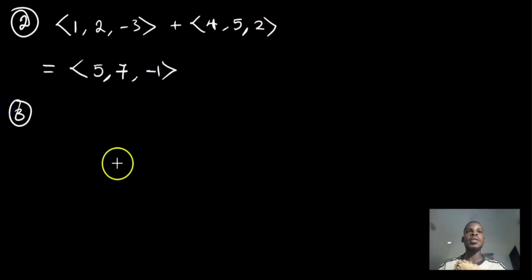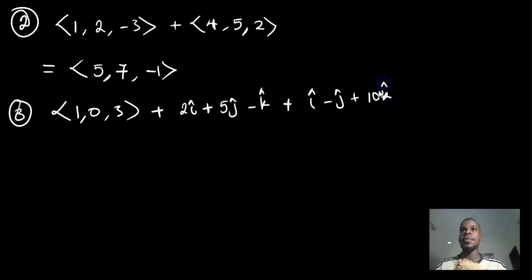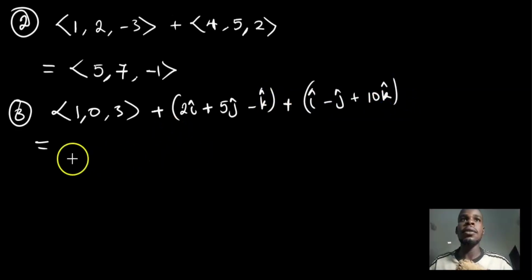So maybe let's just do one more, and this should just be a matter of notation. Good. So I'm using different notations, of course, just to make you a little bit familiarized with them if you aren't. So we have this vector, and then this is another vector. Great. So don't be confused. These notations are the same.